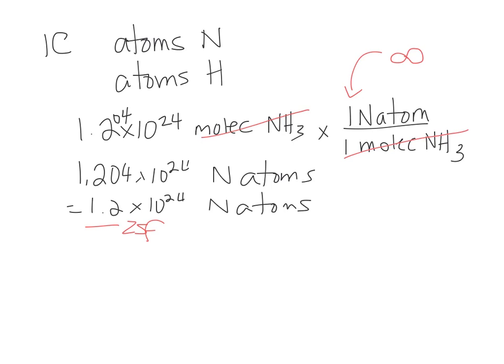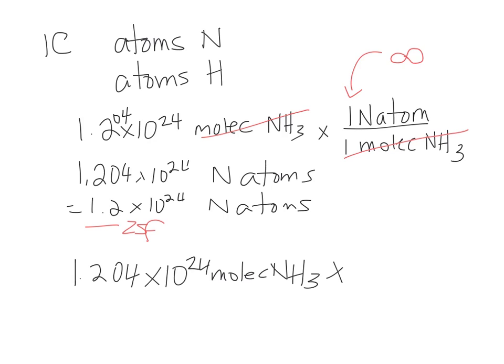Okay, so what would be the ratio then for hydrogen? Matthew? Look at ammonia. 3. So 1.204 times 10 to the 24 molecules of ammonia times 3 hydrogen atoms for every 1 molecule.